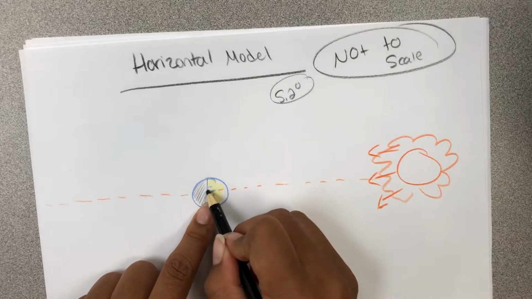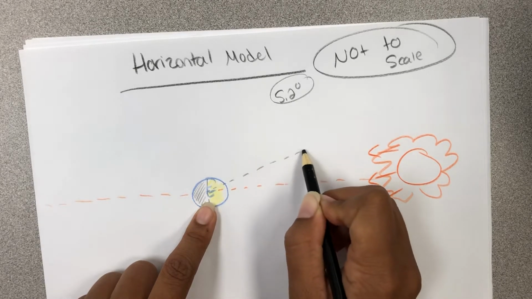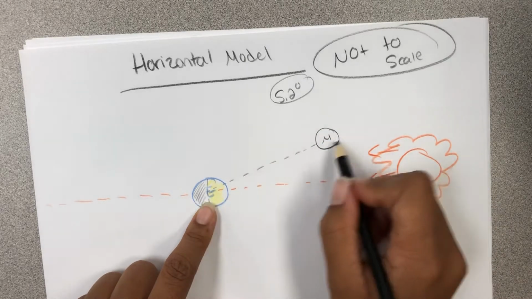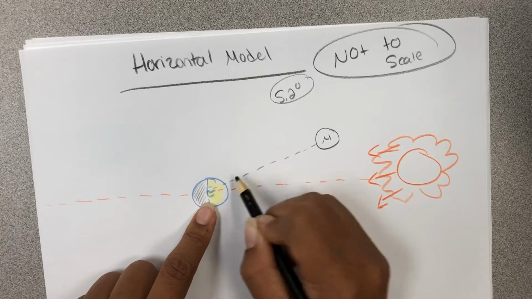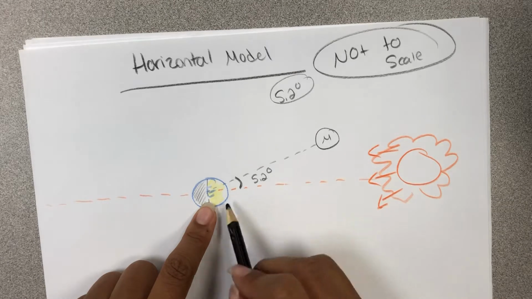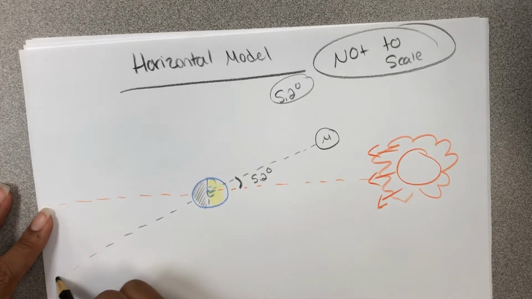would look something like this. So here is our moon. The moon is so far away that from here to here, this angle is our 5.2 degrees. And it also extends all the way down.